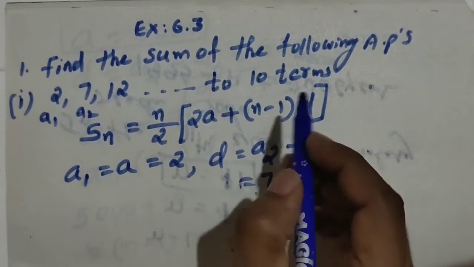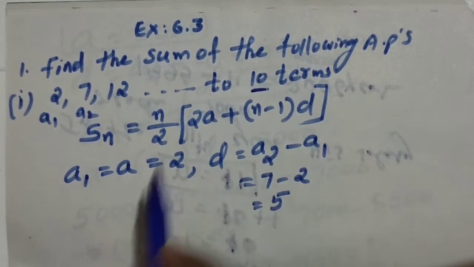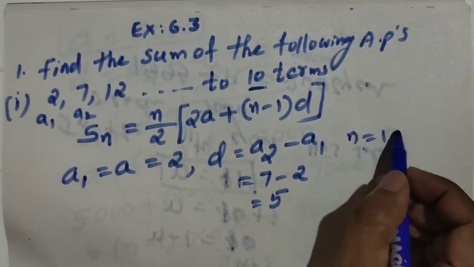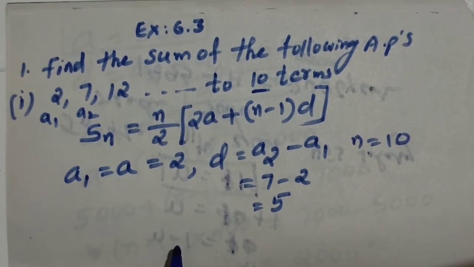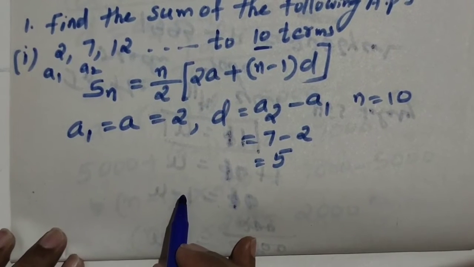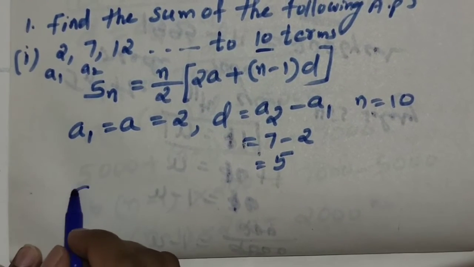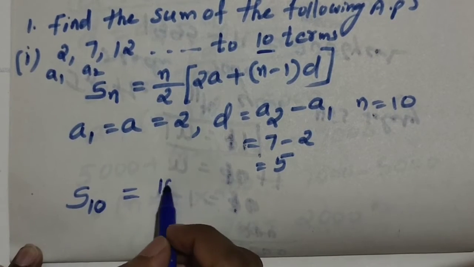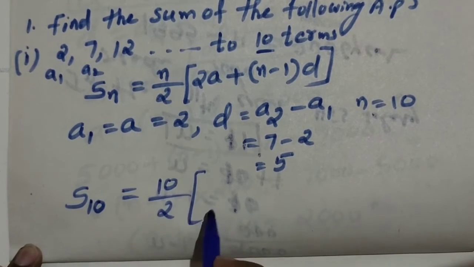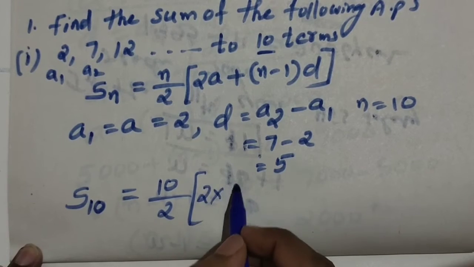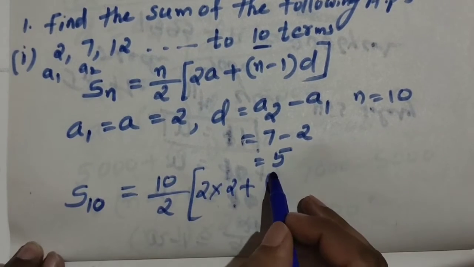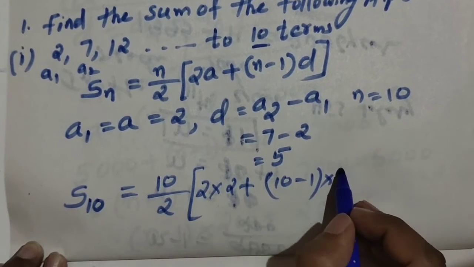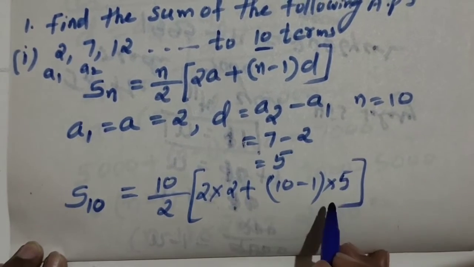And then here we have to find the sum of up to 10 terms. So here we have n value 10. Now substitute all the values in the given formula. That is, we have to find the sum of 10 terms, that is S10 is equal to 10 by 2 into (2 into 2 plus (10 minus 1) into d), that is simply 5.